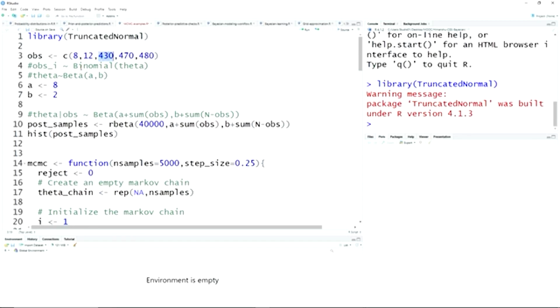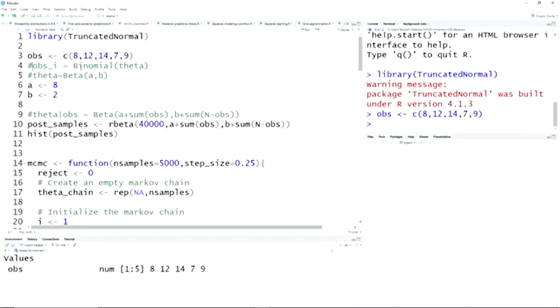This is our observed data, and we assume that the observation on the ith day comes from a Poisson distribution with underlying parameter lambda, where lambda comes from a gamma distribution with shape parameters a and b, where a is 10 and b is also 10. Now we can derive the analytical posterior.